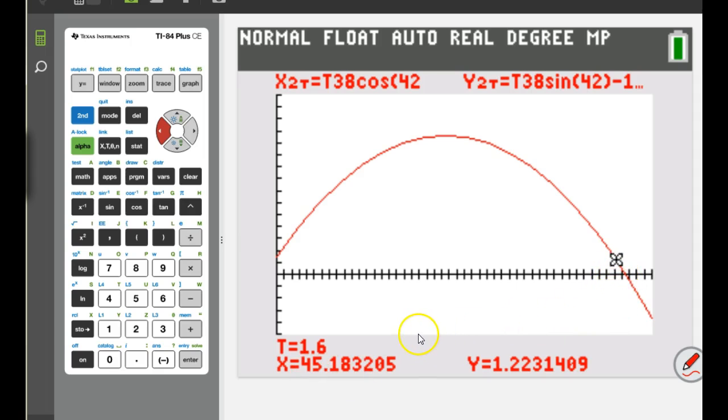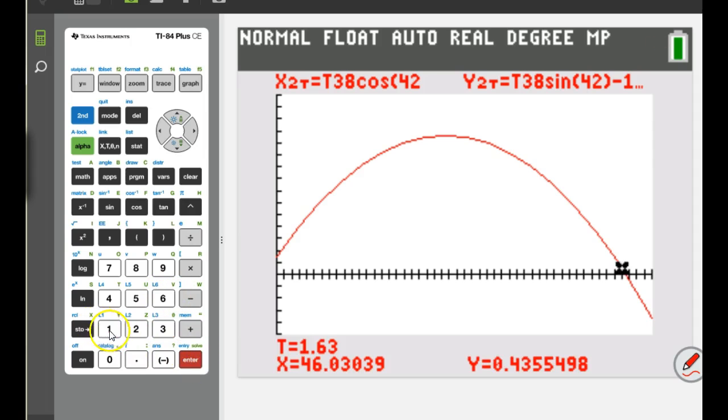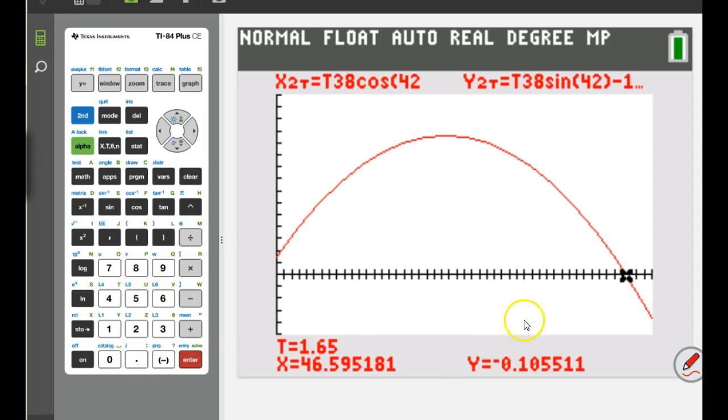I would probably take either one of those answers. Does anybody figure out how we could get a little closer to 0 here? We just need to add a tiny bit of time. So we could do like 1.63 or something. Okay, 1.65 if we wanted to be picky. You don't have to be that picky there. That's pretty darn close to 0, right?